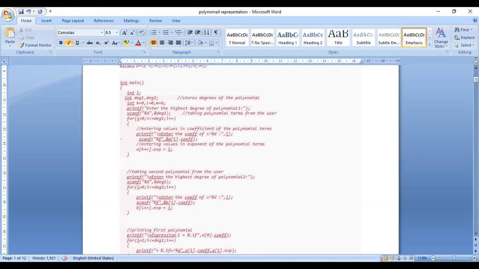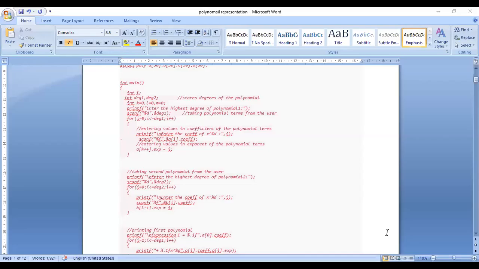So you can see the things. So in the same way, what I am doing, I am reading the second polynomial also. Printf enter the highest degree in the polynomial.